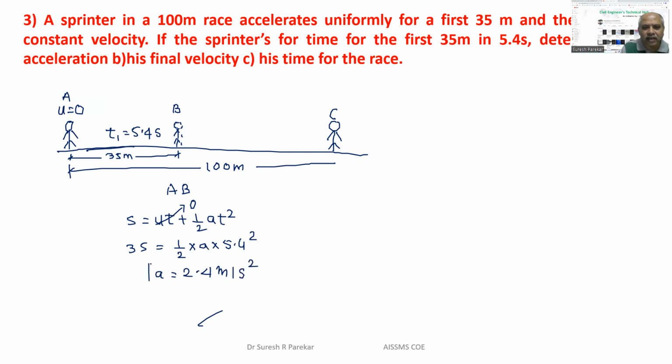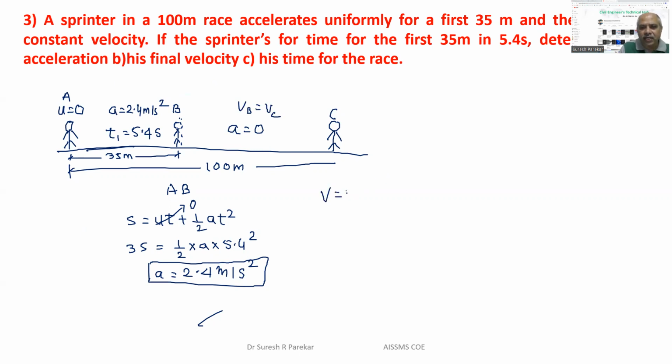We have three equations only. We have to check out of these three which we can use. Now we got value of a 2.4 meter per second square. Now we have to find out his final velocity. Now from B to C we have acceleration 0. So whatever velocity we have at B, same velocity is at C. So we can write VB equal to VC. And now we have VB.